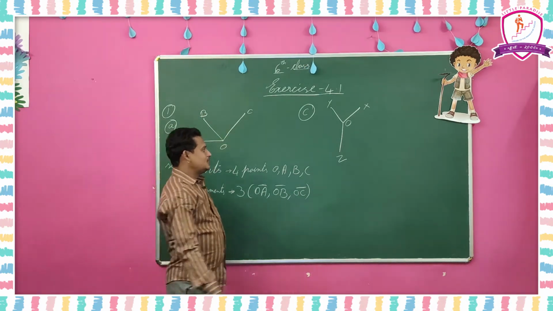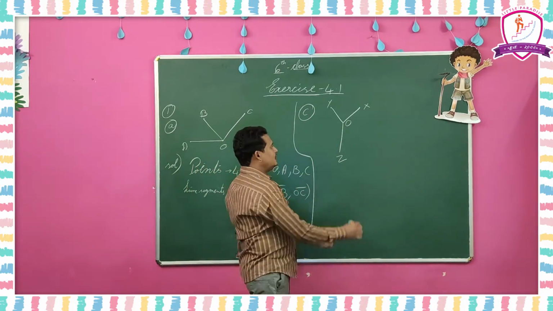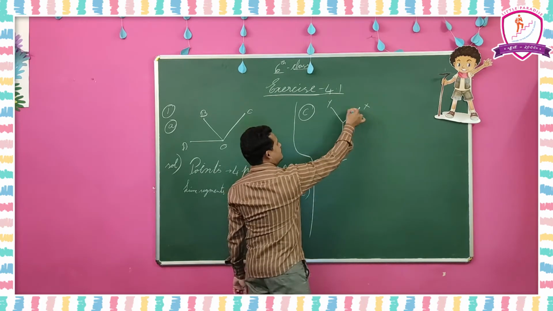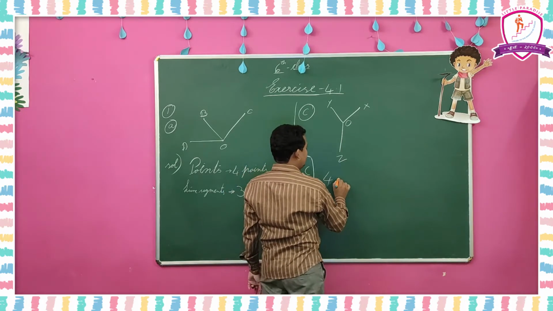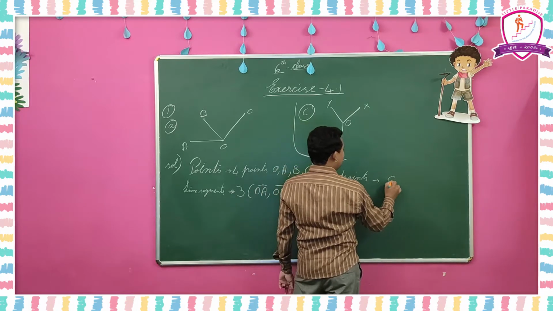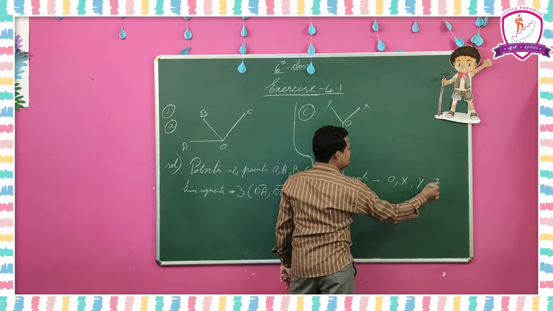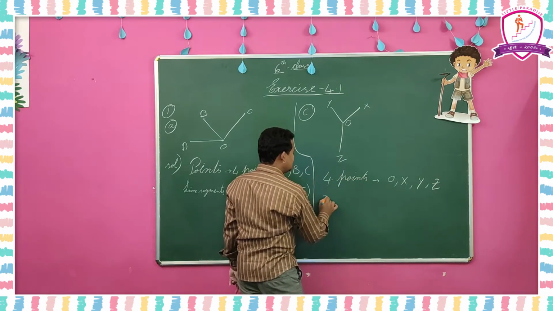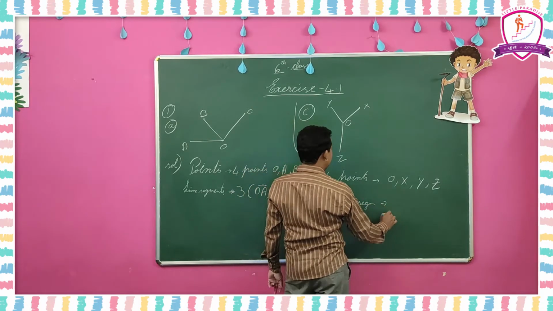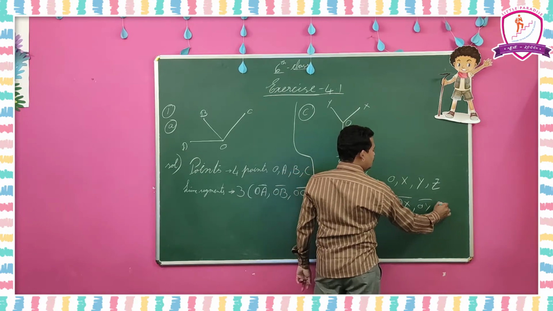I am going to explain C also here. Observe the C figure. Here also, how many points can you recognize? O, X, Y, Z. 4 points. The 4 points are O, comma, X, comma, Y, comma, Z. Like that, there are 3 line segments: OX, OY, OZ.